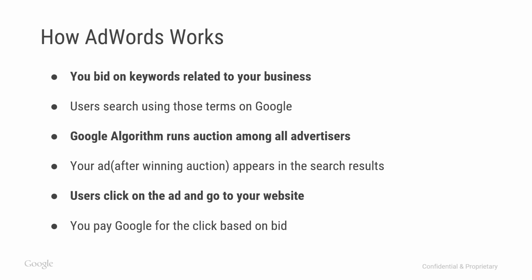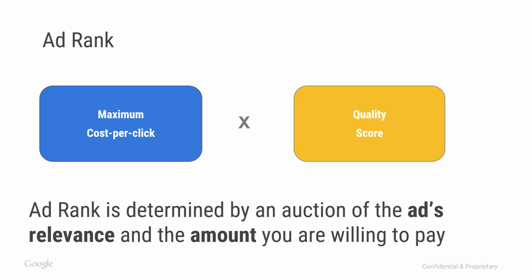Your ad, if it wins the auction, will appear in the search results. And when it appears, a user clicks on the ad, goes to your website, and you pay Google for the click based on the amount that you have bid. So I hope this makes the process a bit clear for you. So we will discuss the auction a bit more now.